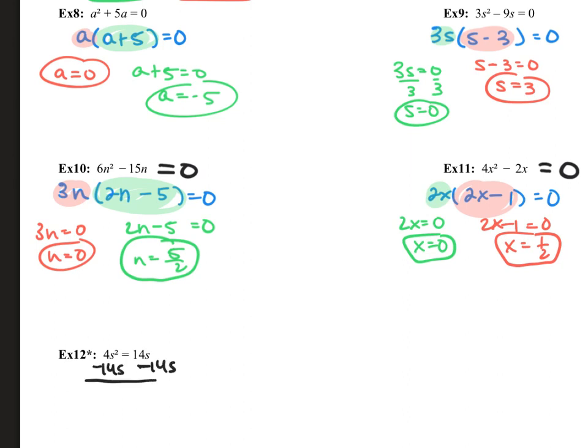And now if you're wondering, well, could you also subtract 4s squared from both sides? Absolutely, you could. But generally speaking, if possible, we want to go in descending order, and if we can get this leading coefficient to be positive, then we would do that. So if I were to do it the other way, if I had subtracted 4s squared, it would have looked like this. It would have said 14s minus 4s squared.